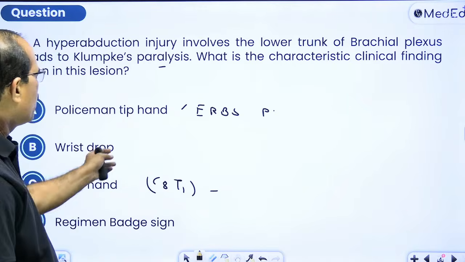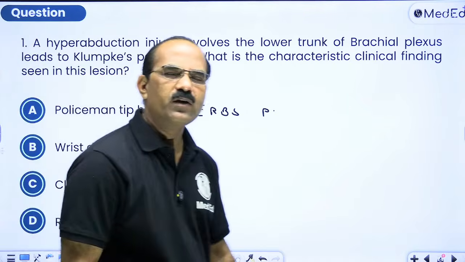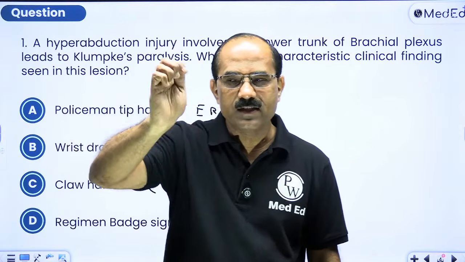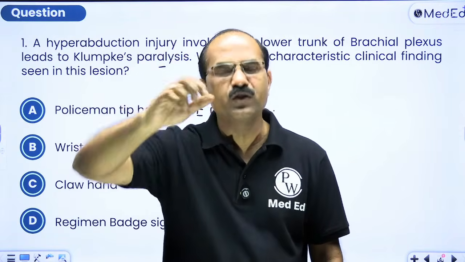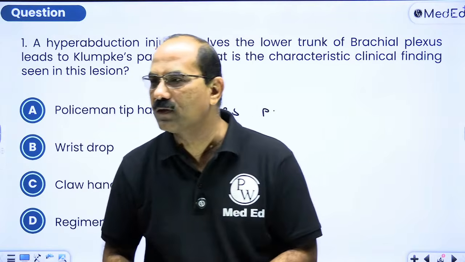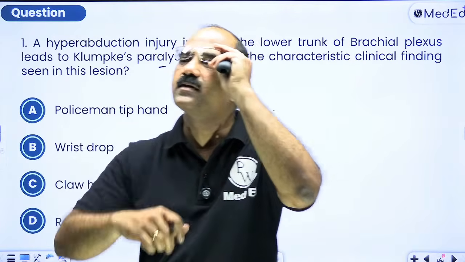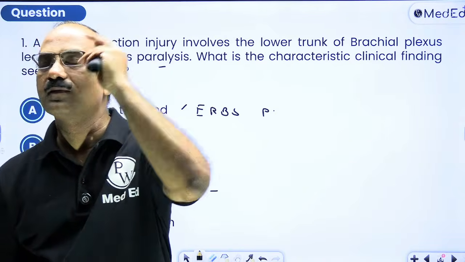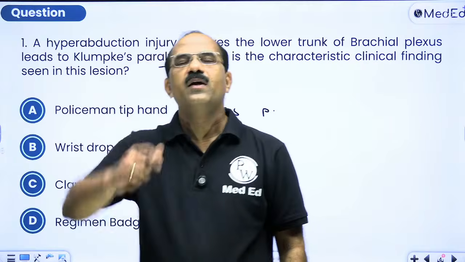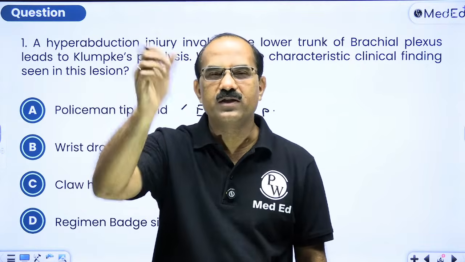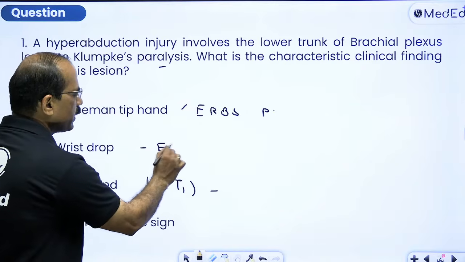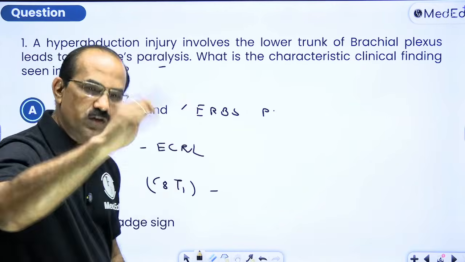Wrist drop. Tell me, when do we get a wrist drop? Which is the muscle which causes extension at the wrist? वो कौन सा muscle है जो extension करता है wrist को? Very good. That's ECRL. ये ECRL muscle है which does extension at the wrist.